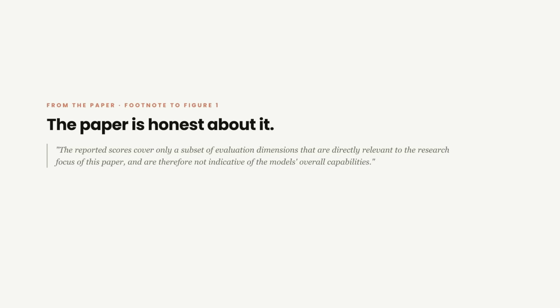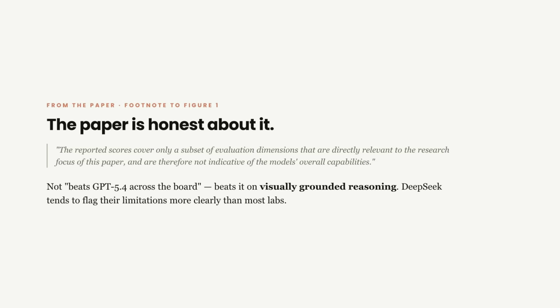They are claiming it beats GPT 5.4 on visually grounded reasoning tasks. That's a more honest claim. I really appreciate they put it in the paper. And to be honest, overall, I think DeepSeek does a much better job at honesty compared to some of the other model providers because they always point out their limitations.